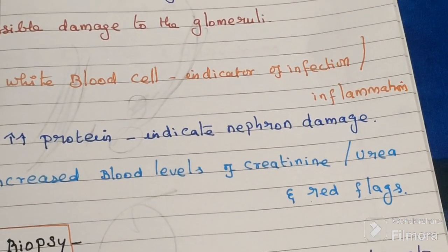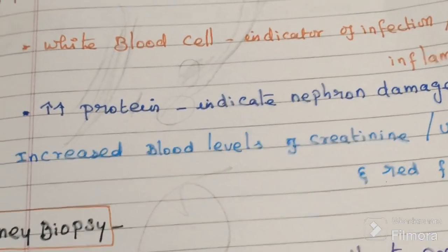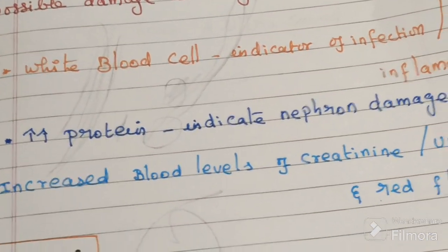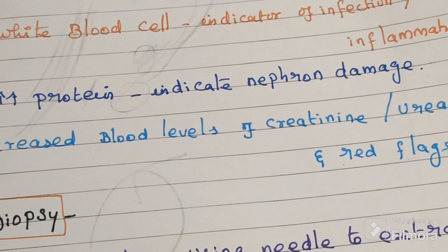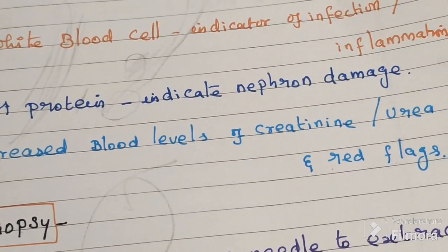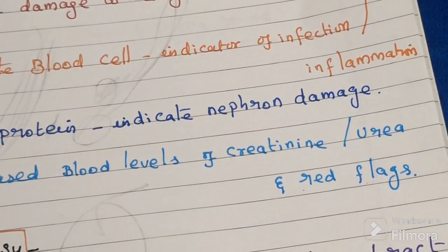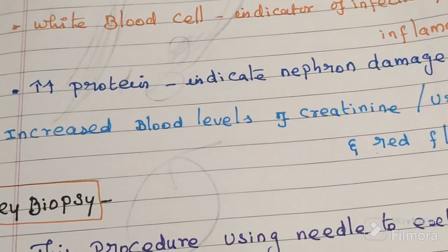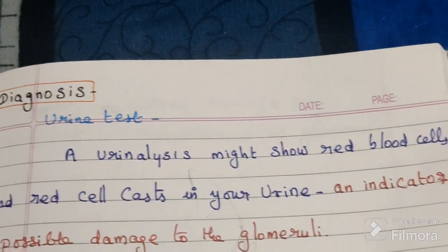White blood cells indicate infection or inflammation. A high amount of protein means nephron damage. Increased blood levels of creatinine or urea are red flags. These conditions indicate a kidney disorder.